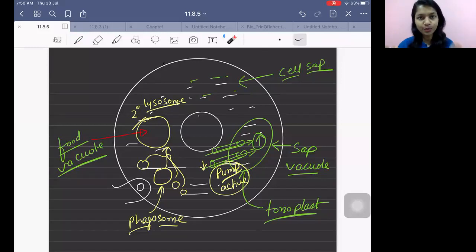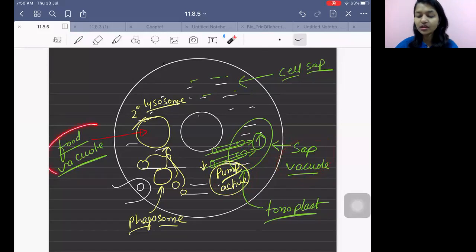Solute is same in both, but still, which solution is more concentrated? The glass of water having 2 spoons of sugar. Not 1 liter of water having 2 spoons of sugar. Got it? So across the tonoplast, the movement takes place actively through the pump. Cool? So this is our sap vacuole.